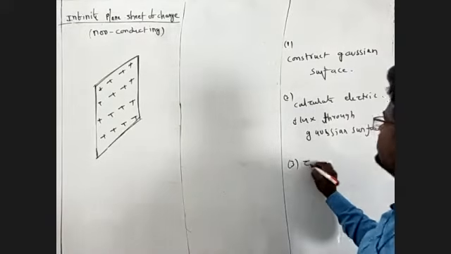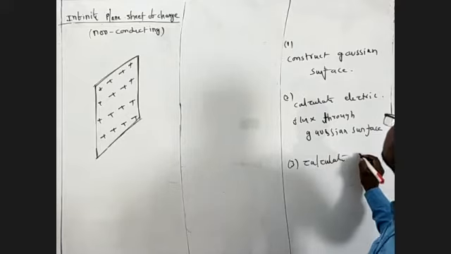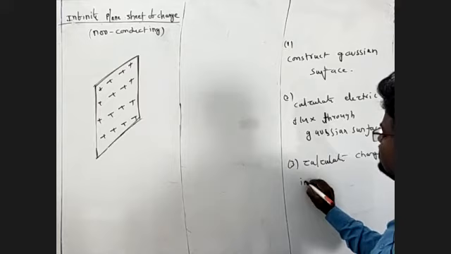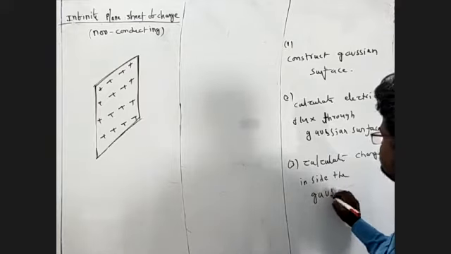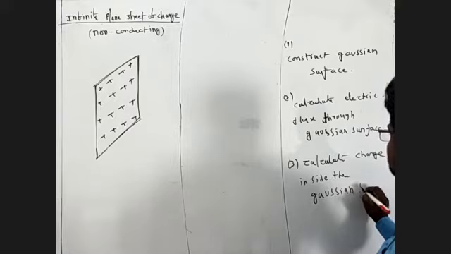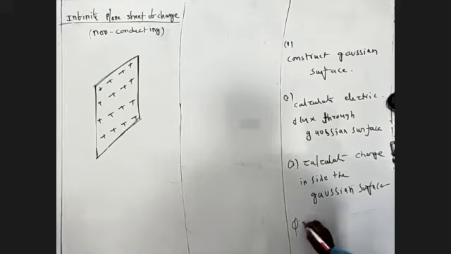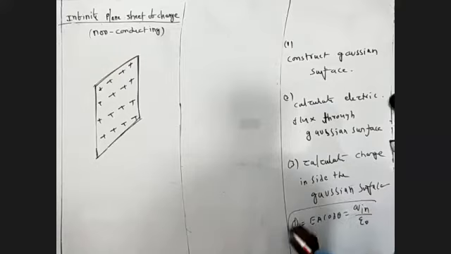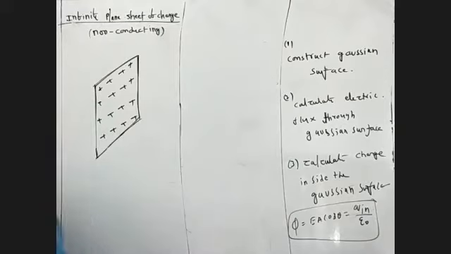Next, calculate the charge inside the Gaussian surface. Now we are going to use the formula: flux equals EA cos theta, which equals Q enclosed by epsilon. This is the process we are going to follow.